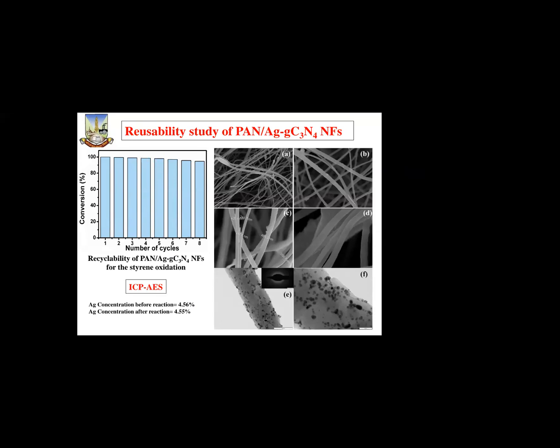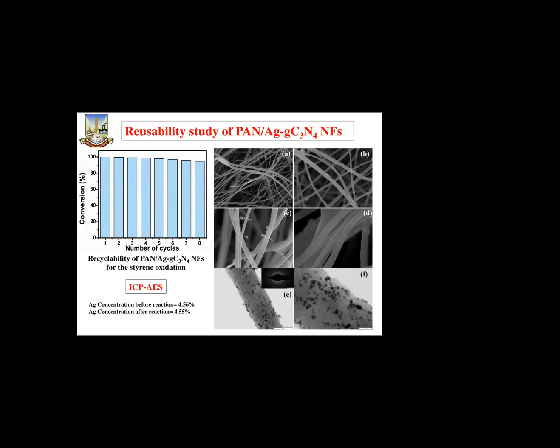See, in the TEM images shown in the last E and F images, the silver concentration before reaction was 4.56%, but after reusability, the silver concentration over the surface is 4.55%. It means only 0.01% of the silver was removed from that particular surface.